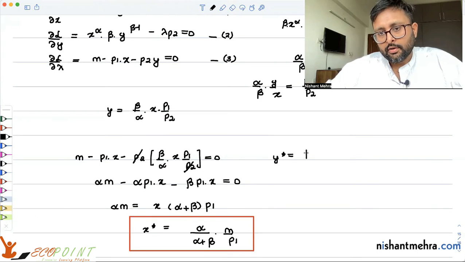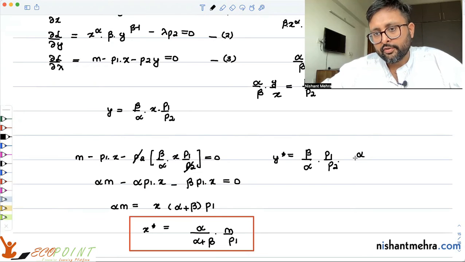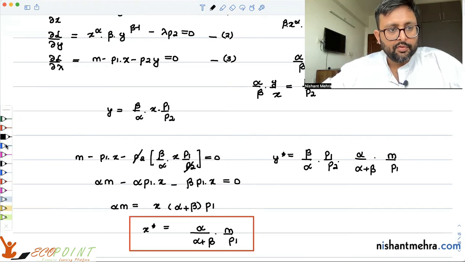What is your y star? Beta upon alpha p1 upon p2. In place of x star, I can write alpha upon alpha plus beta, m upon p1. So this alpha will get cancelled out. And this p1 will get cancelled out.